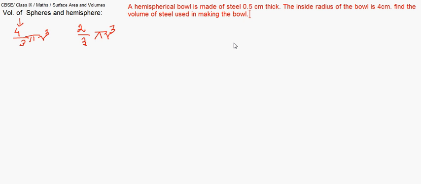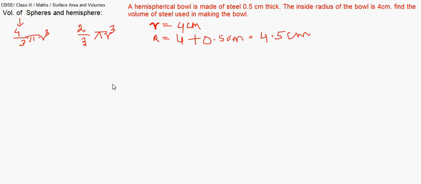That means the thickness as given, we have an inner radius as well as the outer radius. I'm taking the inner radius to be small r, that is given to be 4 centimeter. As the thickness of the steel is given as 0.5 centimeter, the capital R, that is the outer radius, will be 4 plus 0.5 centimeter. That gives us 4.5 centimeter, right?